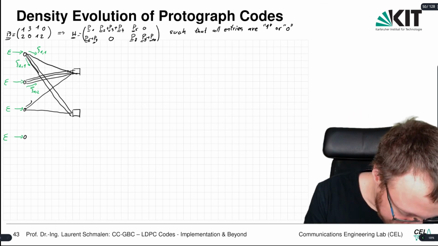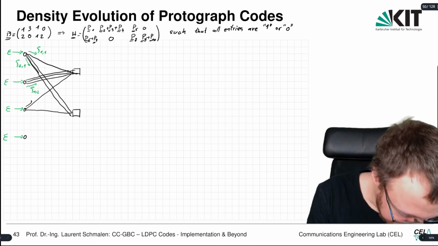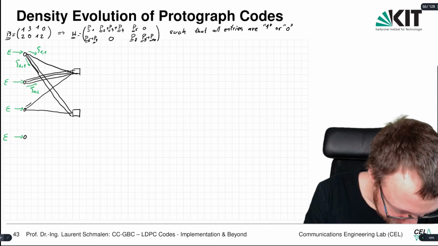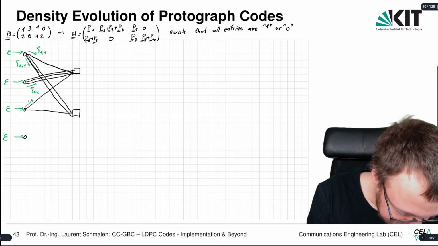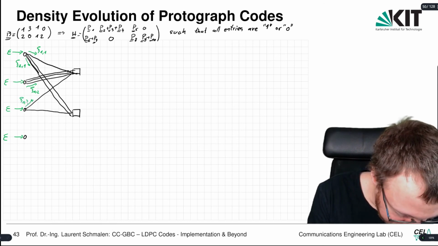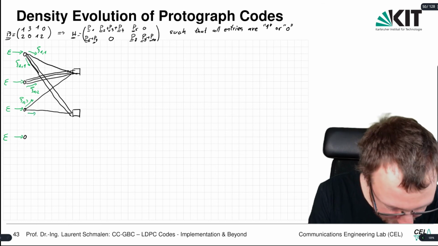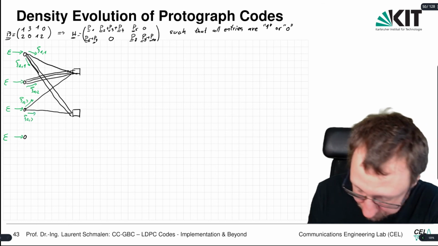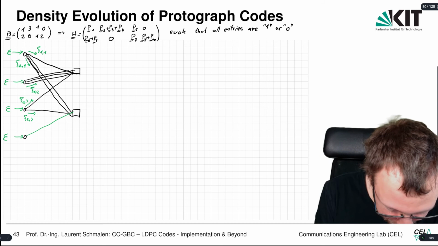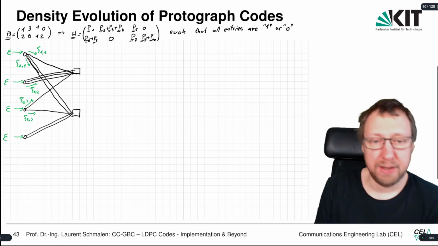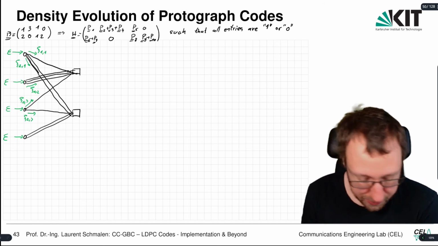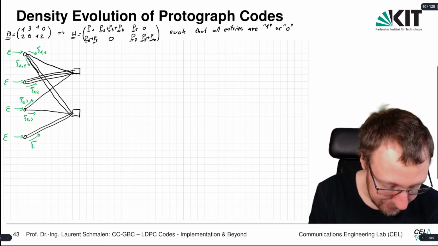So we have erasure probability C13 and this is C23. And finally, we have a double edge connecting the last variable node with the second check node, which is erased with probability C24.